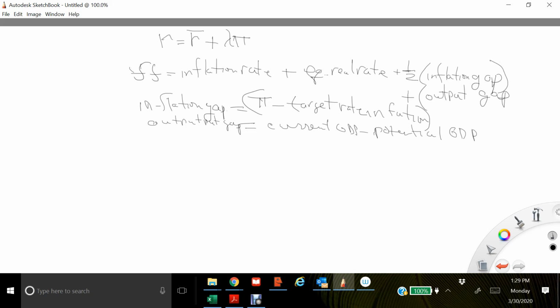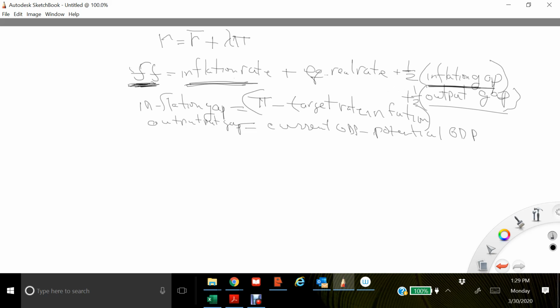So, in other words, the higher the inflation rate, the higher the federal funds rate is supposed to be set. The higher the inflation gap, again, the higher the federal funds rate. And the higher the output gap, the higher the federal funds rate.